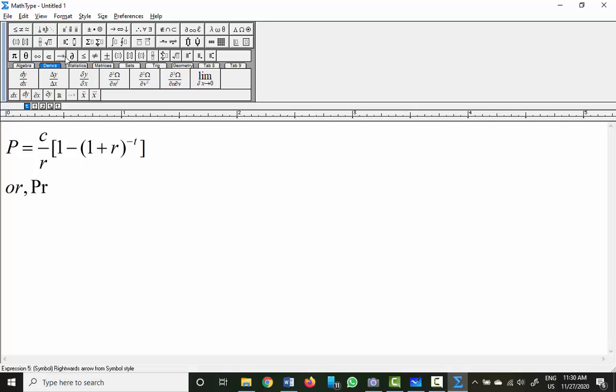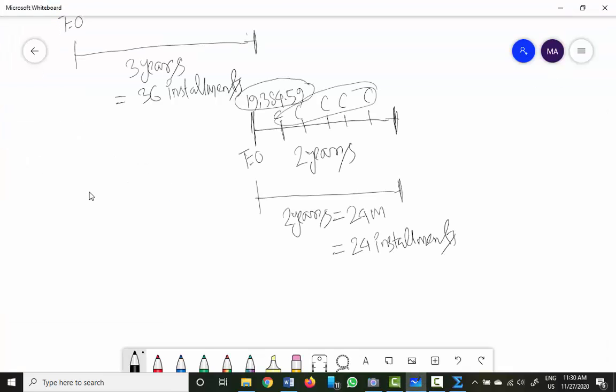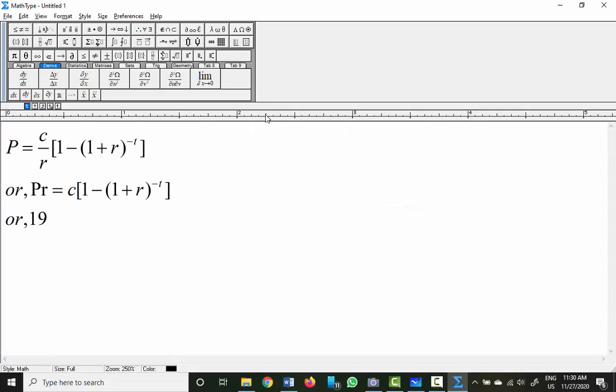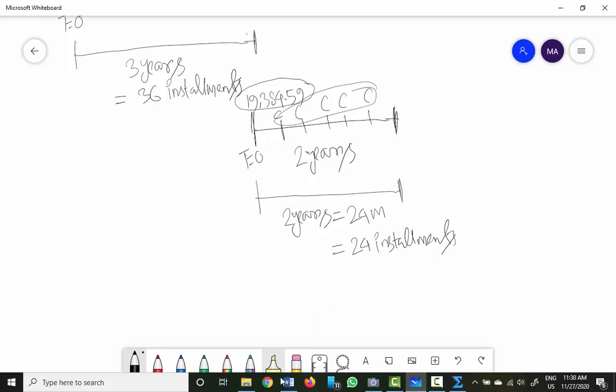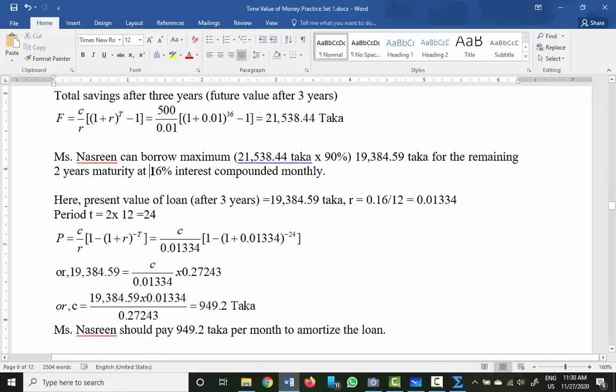So let us do the cross multiplication. So we will be left with this one, right? So the present value of the loan is 19,384.59 taka, and the interest rate for the loan is 16% compounded monthly.